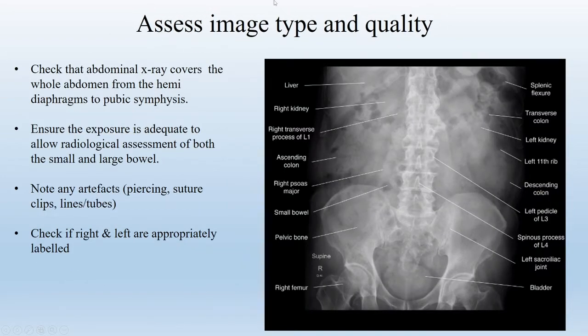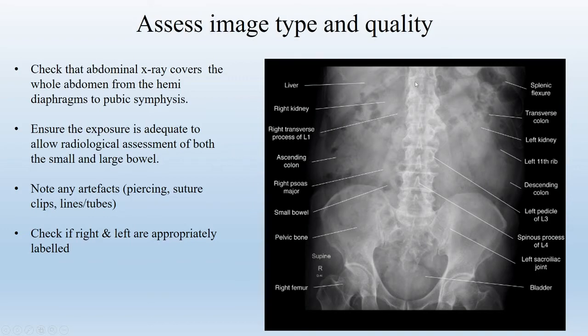After assessing the projection, it's important to check that the X-ray covers the whole abdomen, starting from the diaphragm and finishing with the pubic symphysis. It's good to know that the exposure is adequate.